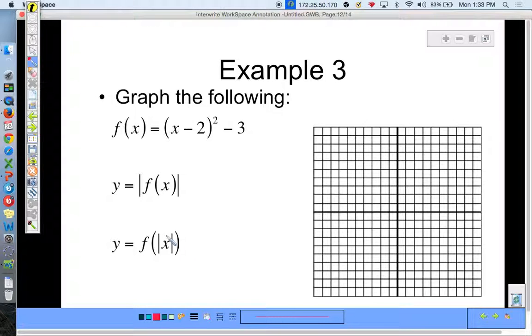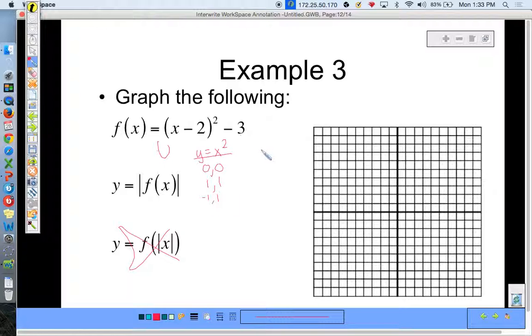Now we're not going to take a look at this last one here. We're just going to graph these two here. So this first one is a parabola, so our parent function is x squared. So nice coordinates on there, 0, 0, 1, 1, and negative 1, 1. But what happens here?